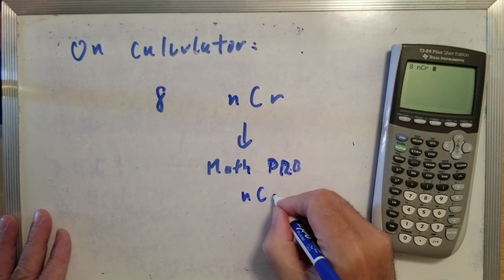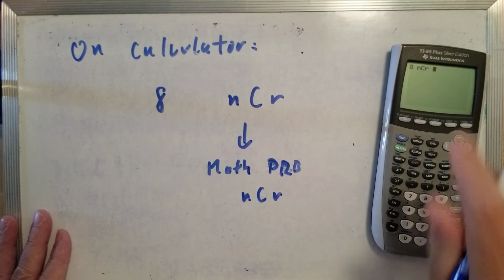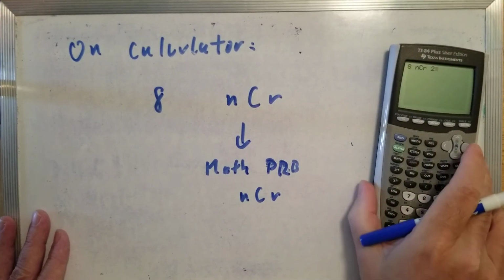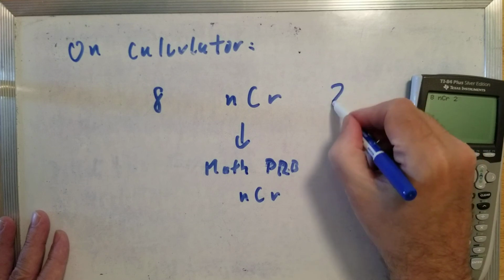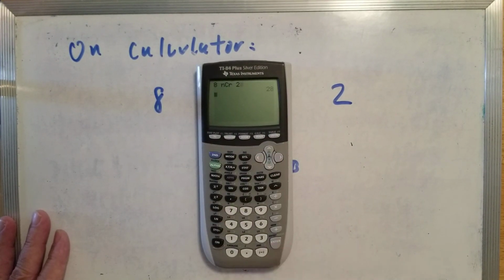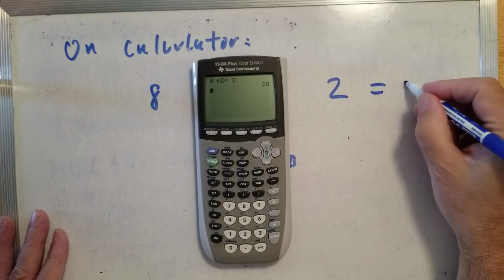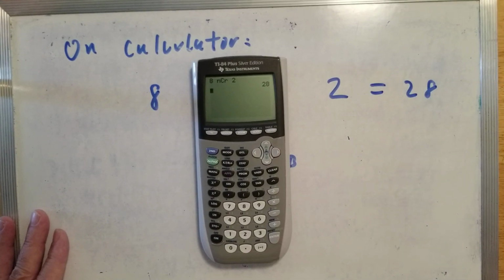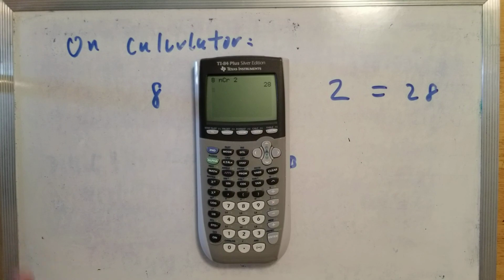And then I'm going to enter the 2 because we're choosing 2 people. And when I hit the magic button, there are 28 different ways that a committee of 2 people can be selected from a group of 8.